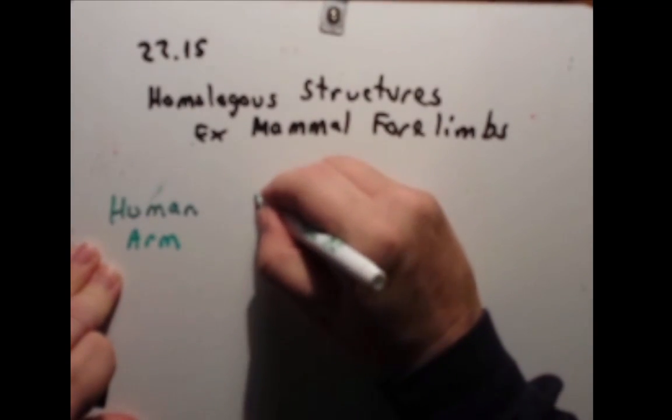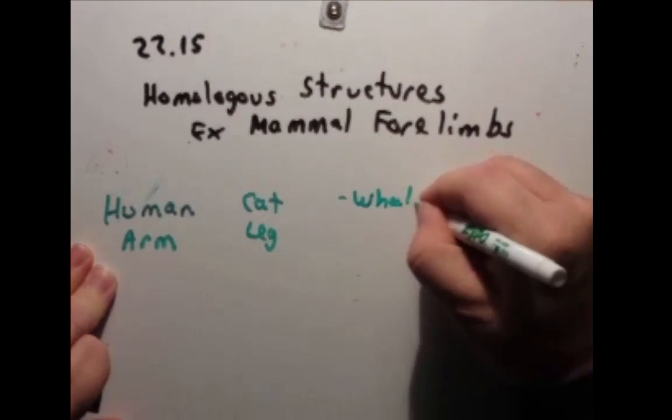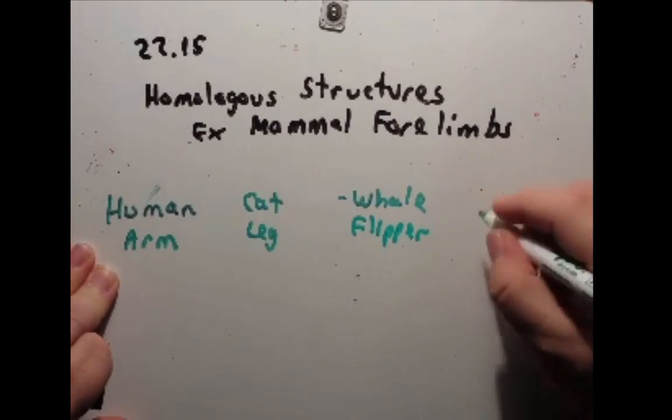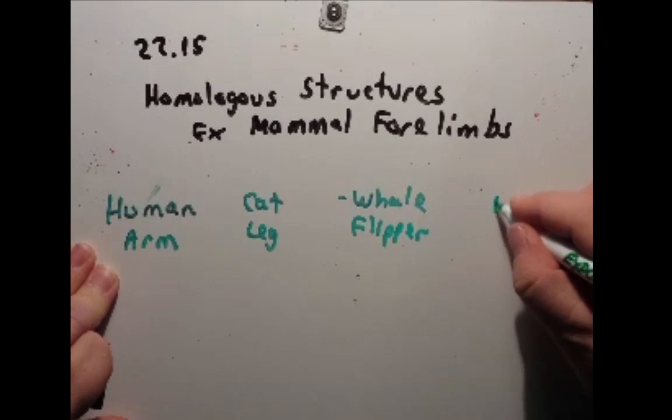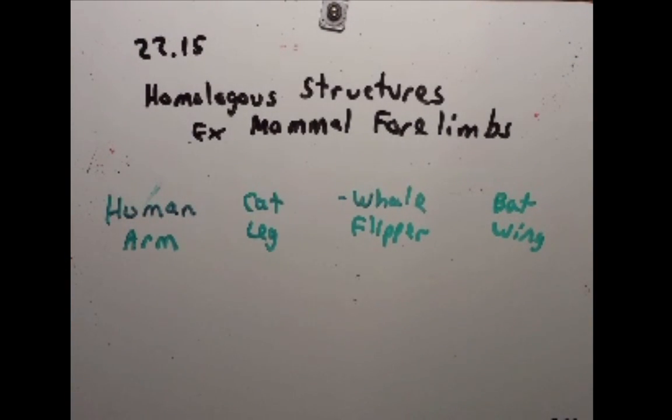We talk about the cat leg, the whale flipper, and then the bat wing. These all look quite different when you just glance at them, and we know that they have quite a different function as well.